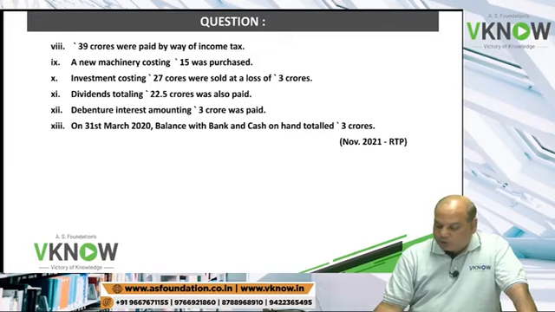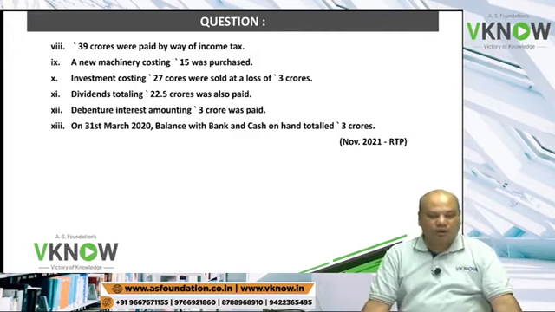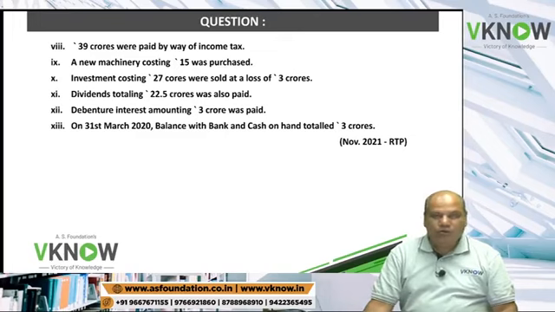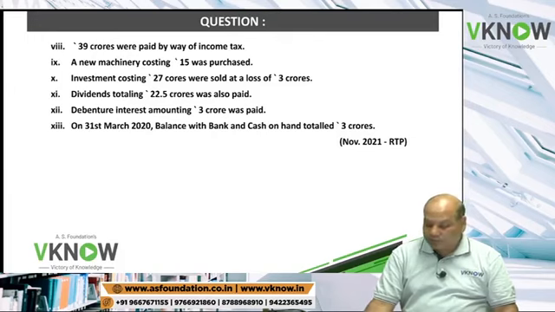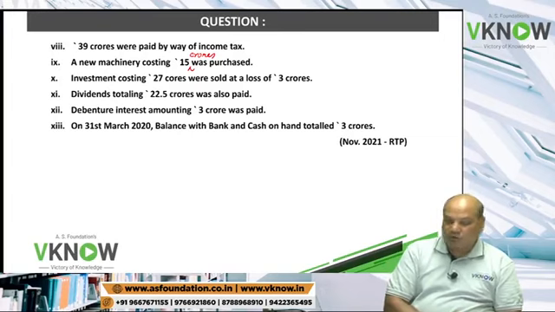Point number 8: rupees 39 crores were paid by way of income tax. Point 9: a new machinery costing rupees 15 crores was purchased.